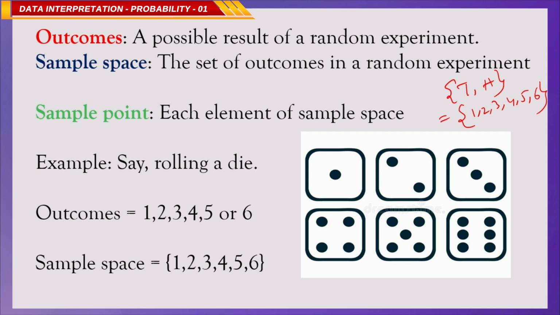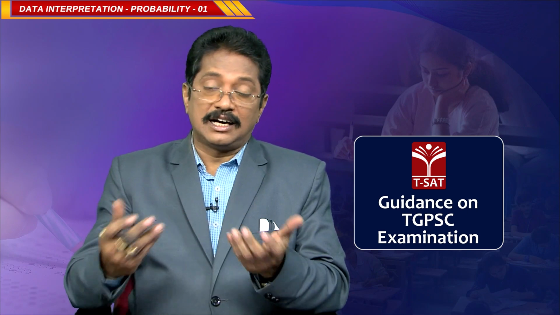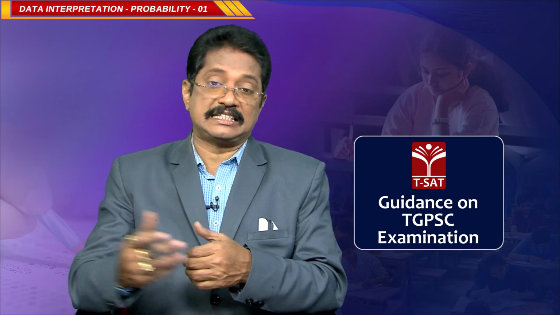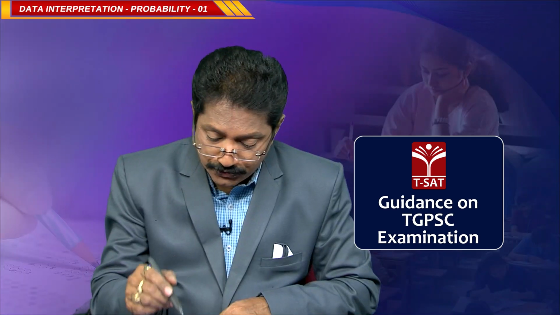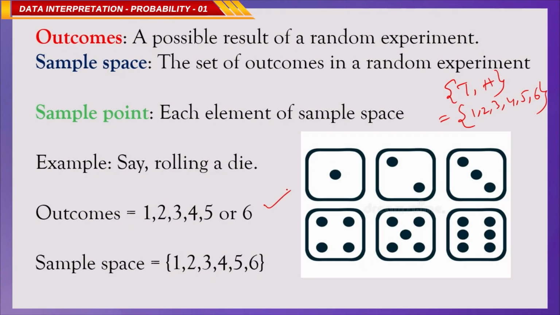For tossing a coin, head and tail are the sample points, and for rolling a die, 1, 2, 3, 4, 5, 6 are sample points, because these are the different elements in the sample space. When rolling a die, the outcomes are 1, 2, 3, 4, 5, 6, and the sample space is the set {1, 2, 3, 4, 5, 6}.